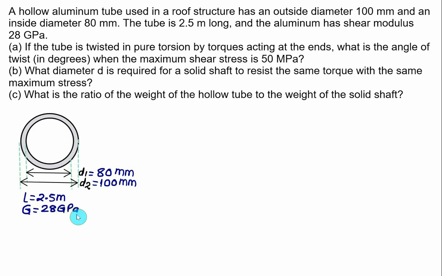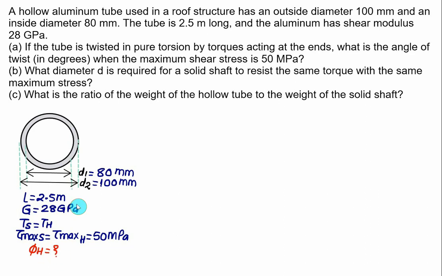gigapascal. The torque for the solid shaft and the torque for the hollow shaft is the same. Even the value of maximum shear in the case of the solid shaft and the maximum shear in the case of the hollow shaft is the same, and this value of tau max is given as equal to 50 megapascal. In the first part you have to calculate the value of twist for the hollow shaft, so phi h you have to calculate.